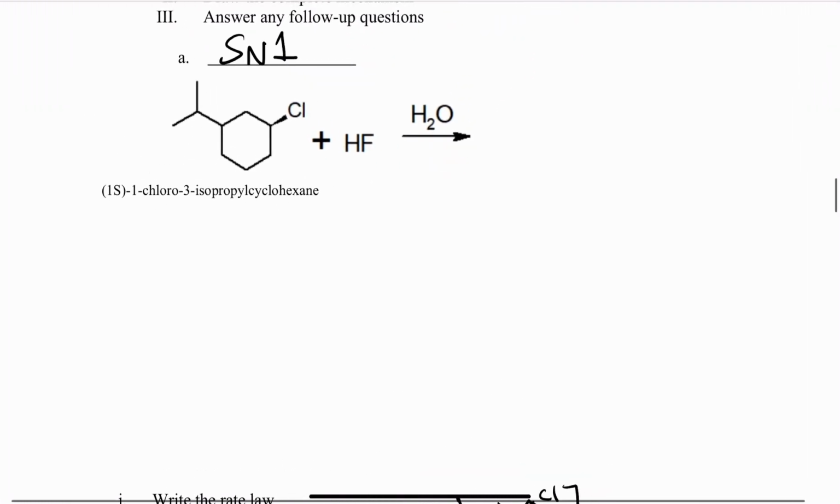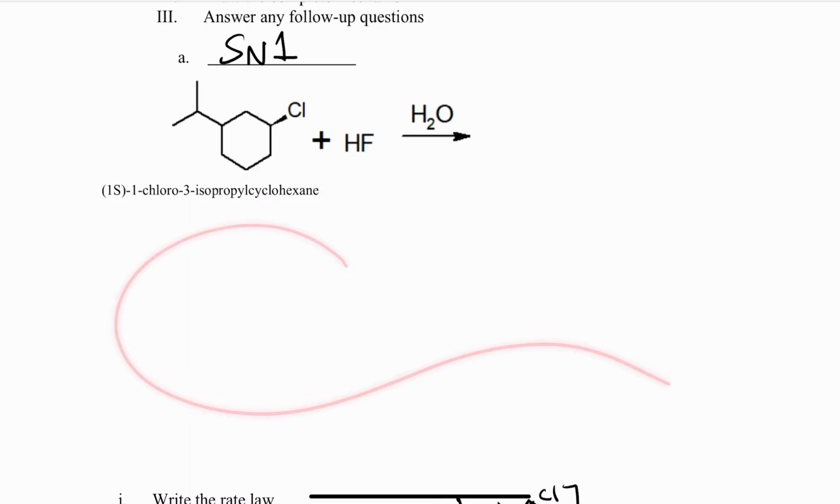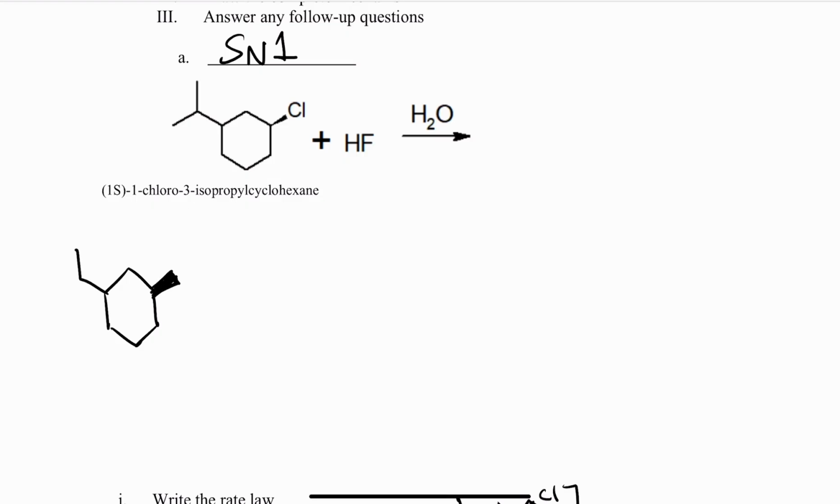All right, now you can start with the mechanism, the main part, where we show all the arrows. So when it comes to this, you definitely want to redraw the substrate, this main molecule, just as it is printed.